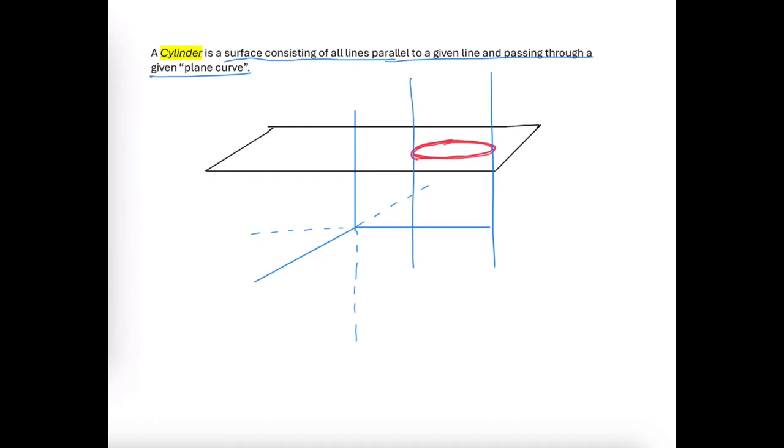It's kind of hard to draw all of the lines, but essentially those lines are going to create that outer surface that is this cylinder, right? So all of the lines parallel to those given lines are going to be on the outside here, passing through this plane curve that was the ellipse, okay? So cylinders can actually take on any shape.